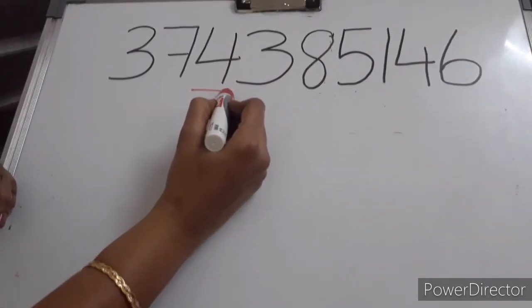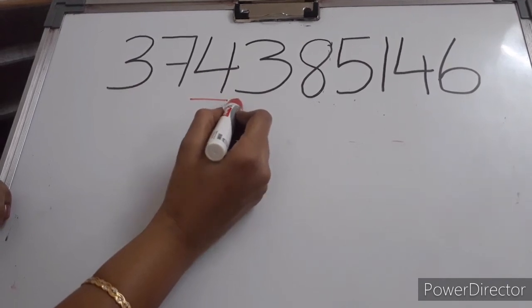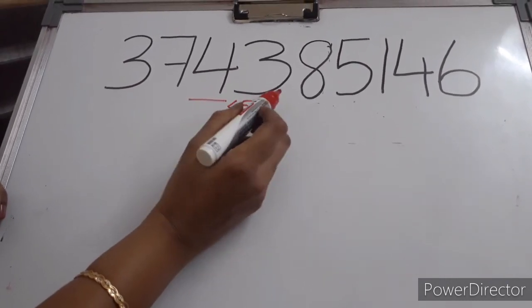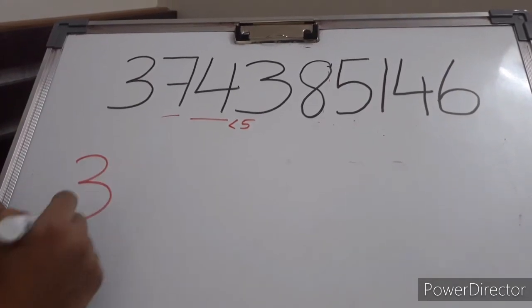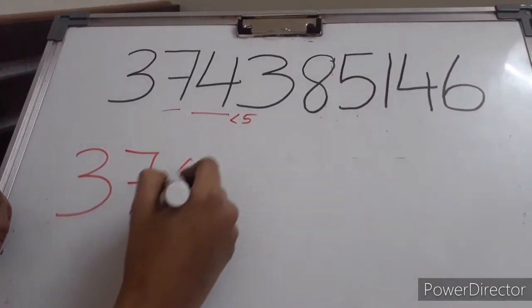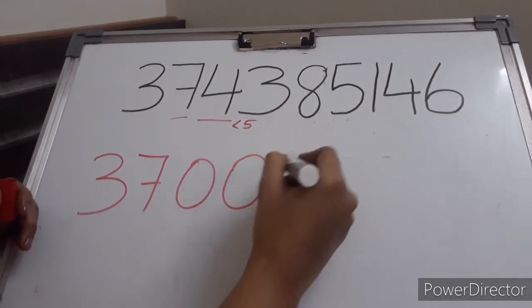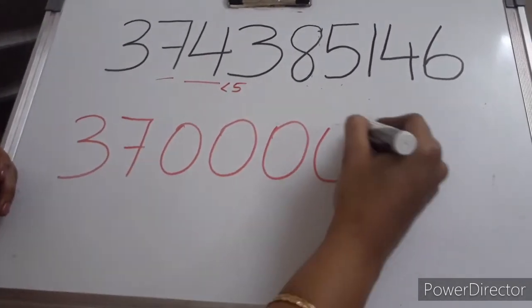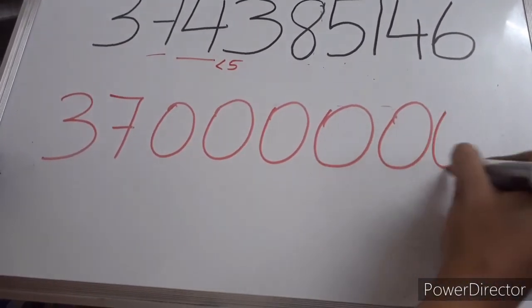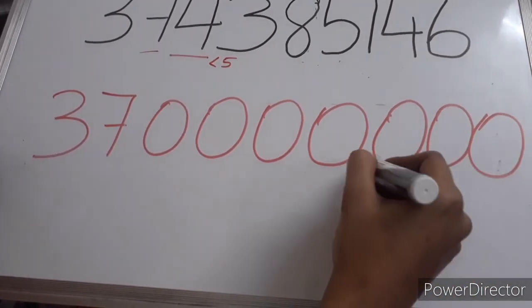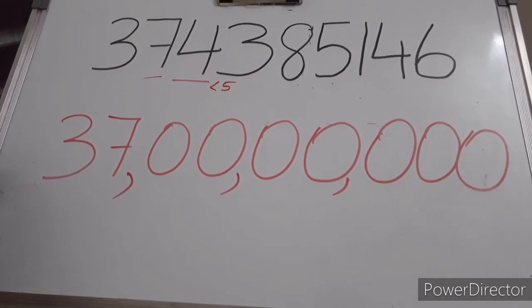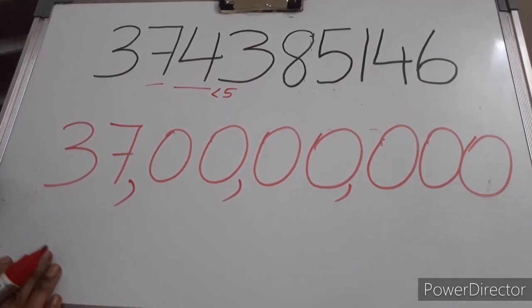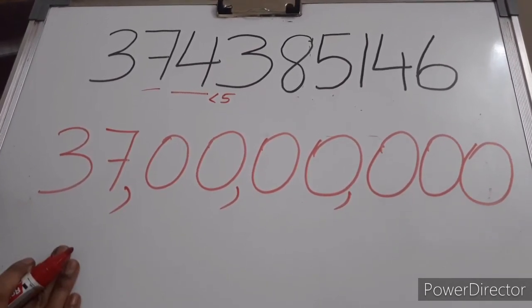So we stop here at which digit? 4. 4 is less than 5. So we will keep this digit unchanged and our number will be 3, 7 and subsequent zeros to round off to the value of crores. So what is our answer? 37 crores. Hope you understood it in much clearer terms.